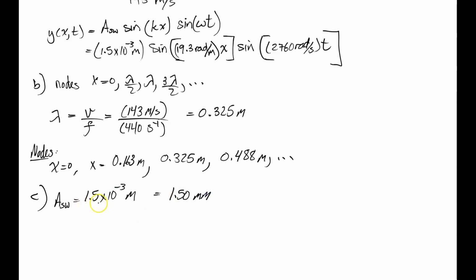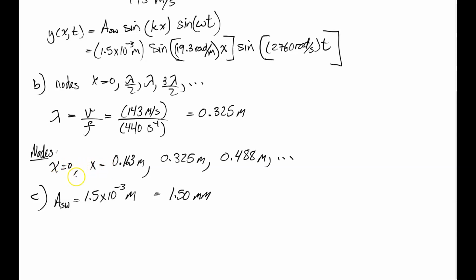This amplitude occurs at the antinodes, the opposite location of where the nodes happen, and those opposite locations would be midway between the nodes.